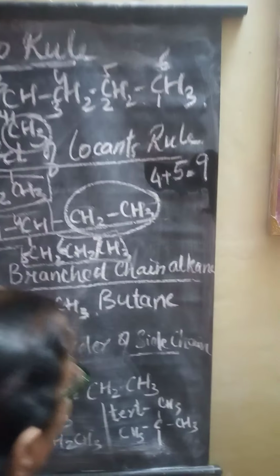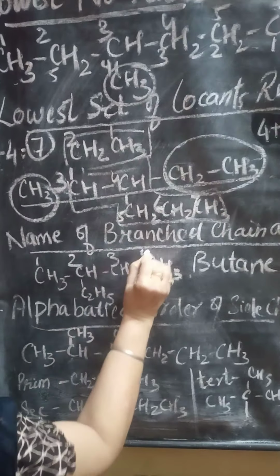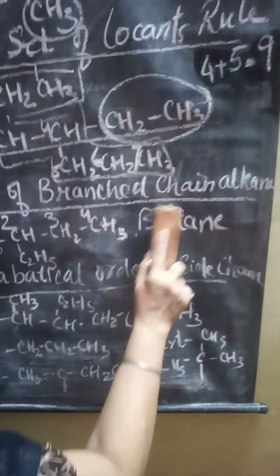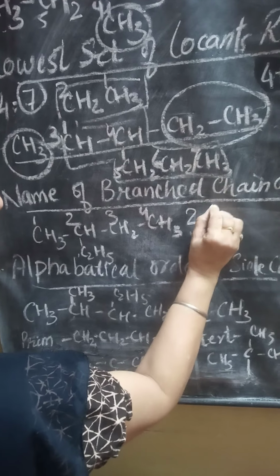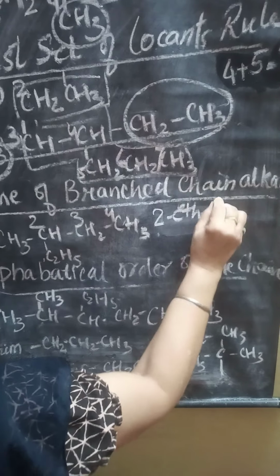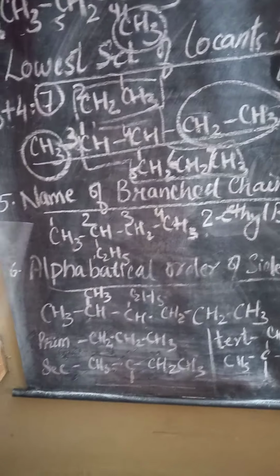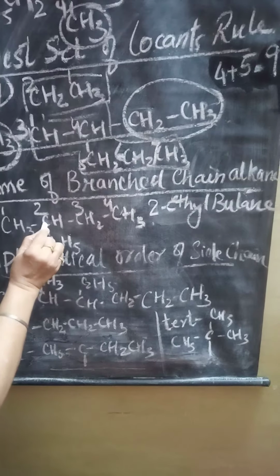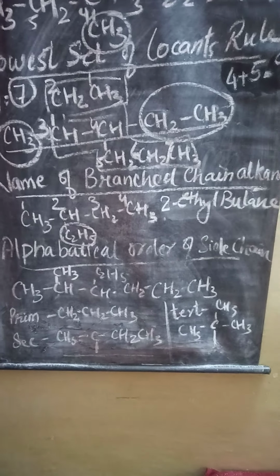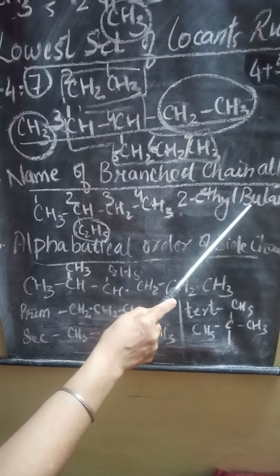So position will be 1, 2, 3, 4, and your naming will be 2-ethyl butane. Now why have we named it 2-ethyl butane? Because the position of the carbon to which the substituent group is attached has to be mentioned here, 2-ethyl butane.